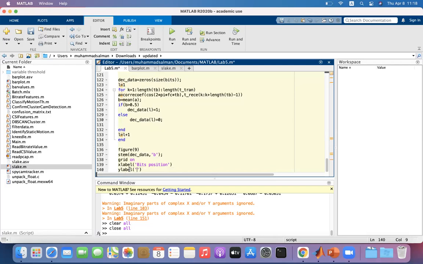It should be something like bit sequence, and the receiver, let's say versus transmitter, so that we can differentiate it from the previous one. Versus transmitter. So that is it.